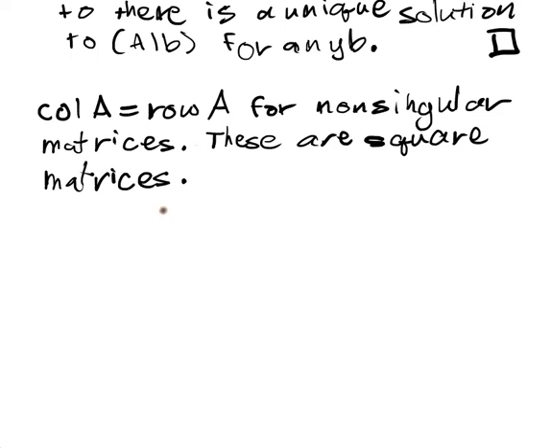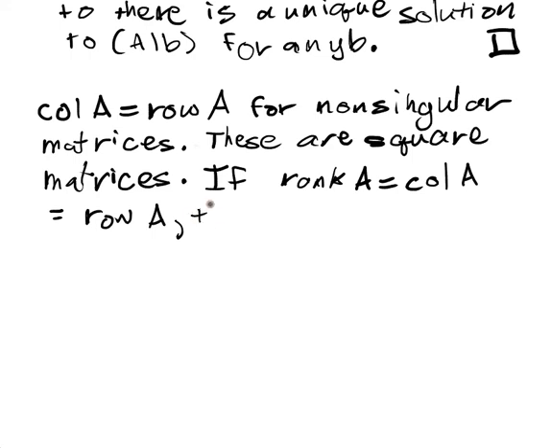Now, for a given square matrix, determining if it's non-singular amounts to seeing if the matrix has maximal rank. The rank cannot exceed the number of columns or the number of rows, so the maximum is col A and row A. If rank A is equal to col A is equal to row A, then A has maximal rank.